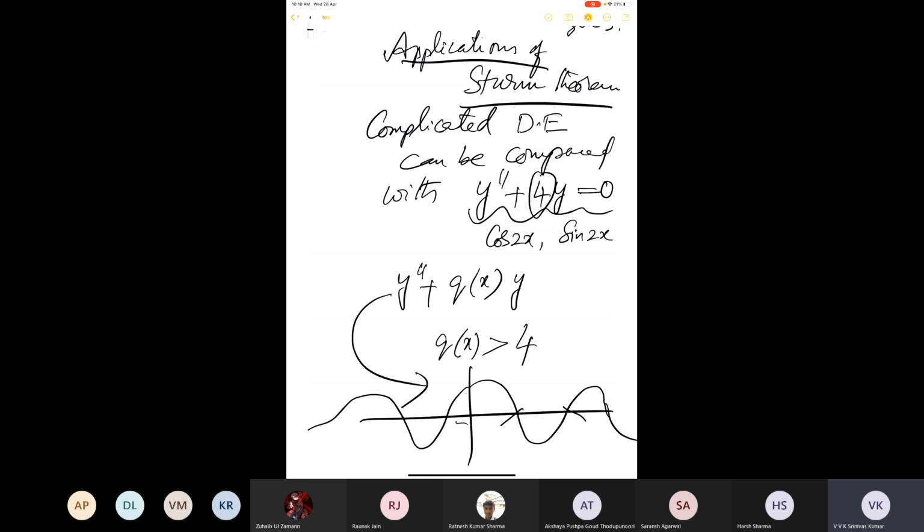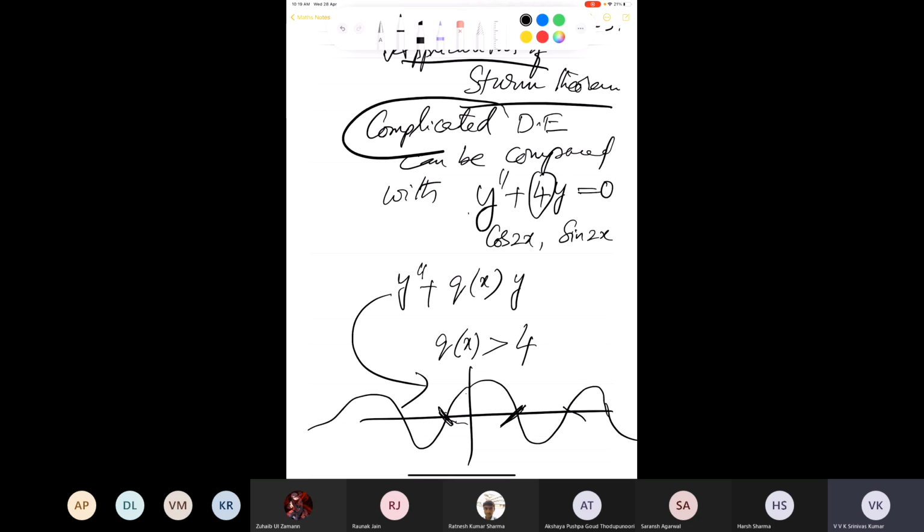Then in between every zero of the solutions of this, there will be a zero of the solution of this complicated differential equation. That is the application of Sturm's theorems.